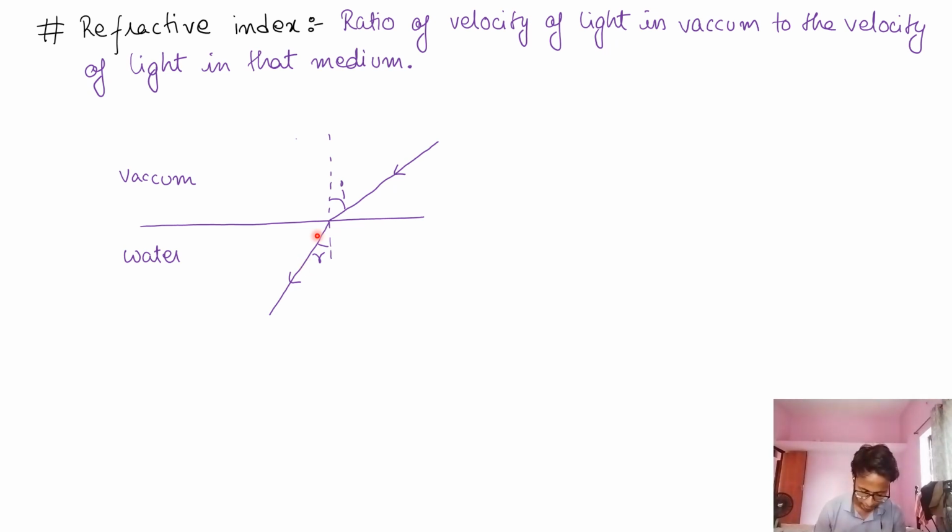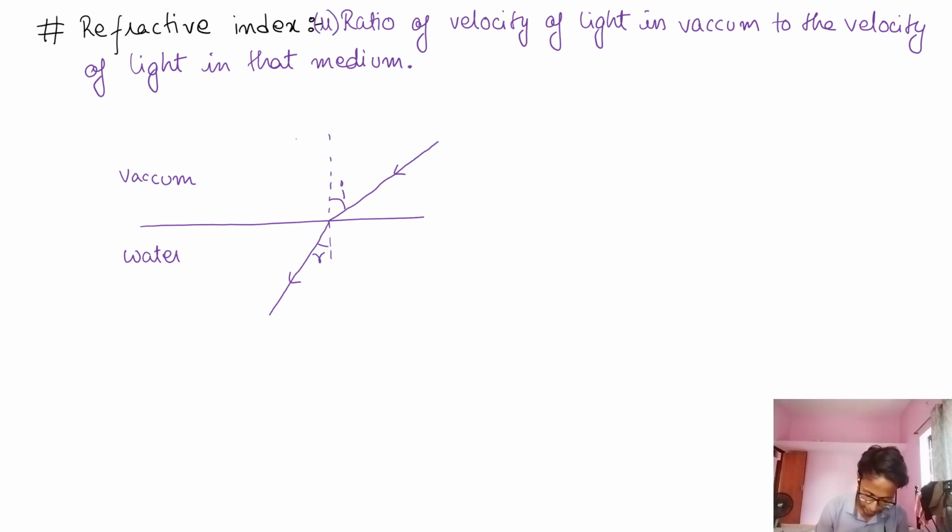So the velocity of light out here is different from the velocity of light out here. We can say the velocity of light in water is lesser than the velocity of light in vacuum. To measure that parameter in physics, we use the term refractive index. What is refractive index? Refractive index is denoted by mu.